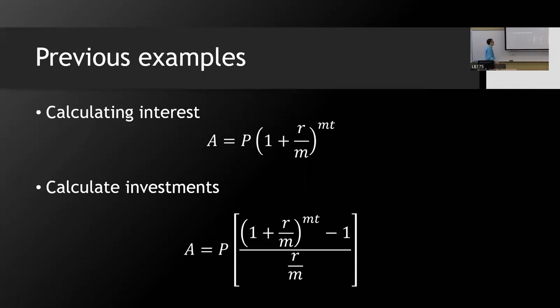All right. The previous examples involving exponents were our lump sum interest calculation: A equals P times 1 plus R over N to the MT. And we also had an exponent when we dealt with annuities.